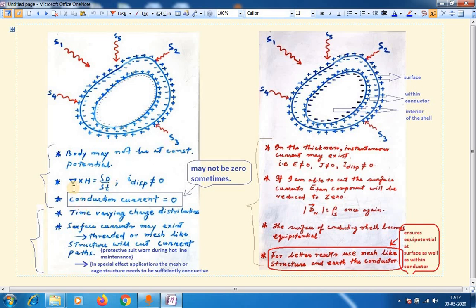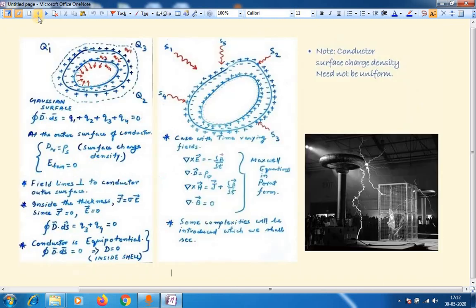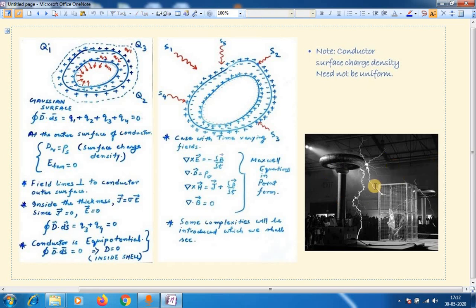The thing which needs to be catered for now is the displacement current. Since the electric field exists and is varying with time, del D by del t is not equal to 0. So displacement current will exist in the outer region. Conduction current may also exist. For example, in this demonstration of the Faraday cage, this Tesla coil generates very high voltage, and this causes dielectric breakdown of the medium, and there is a current path up to the cage.